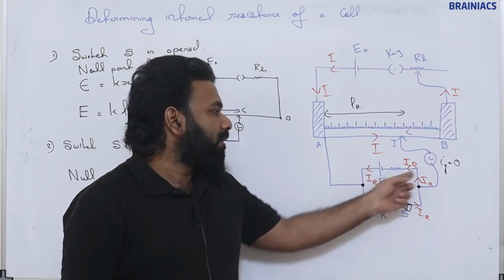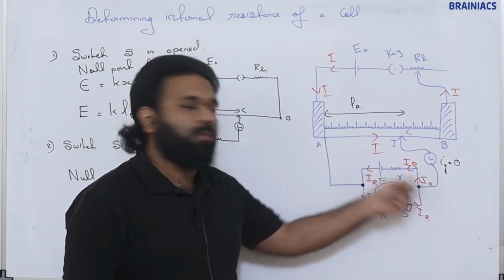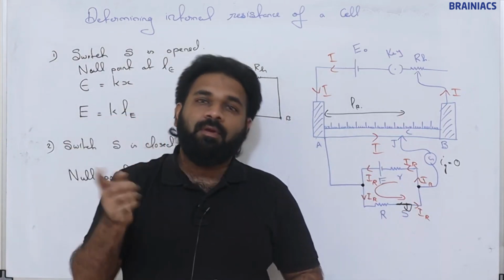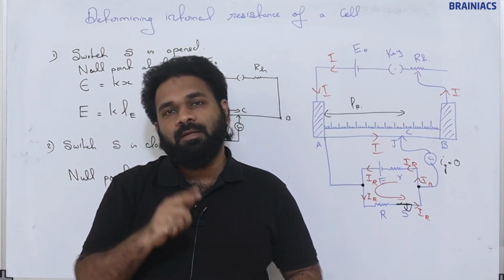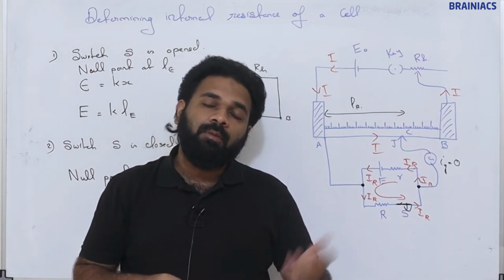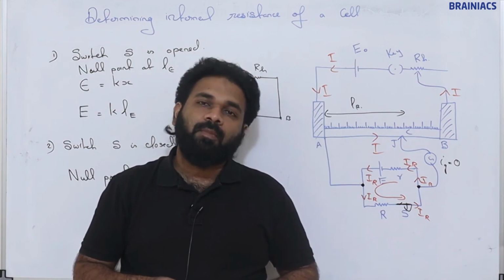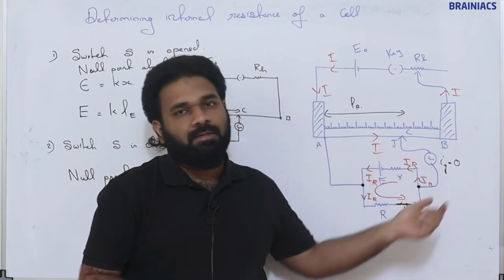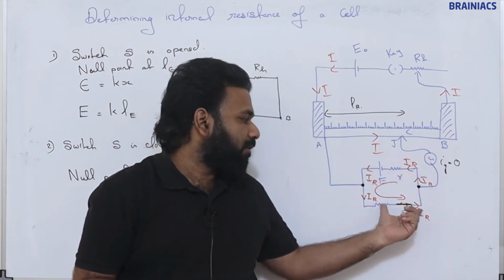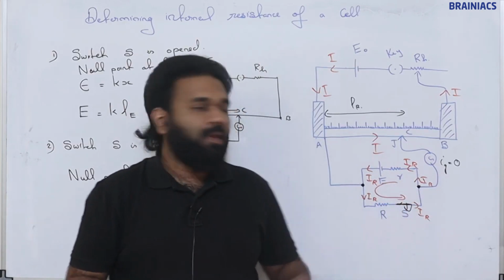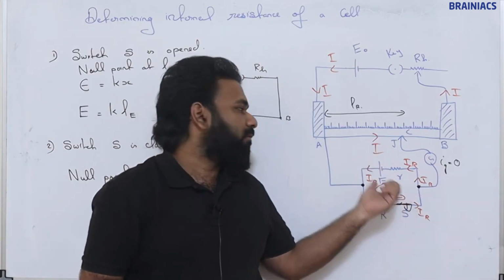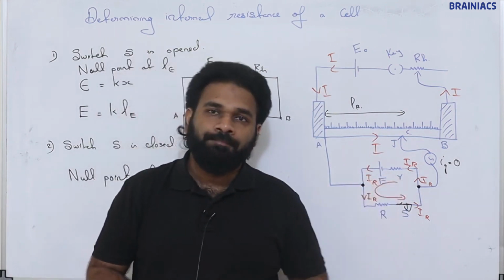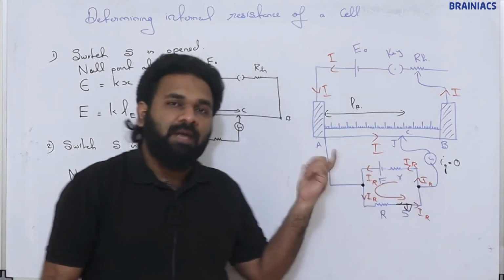We have studied this while we study about cells. When current is flowing, the terminal potential difference will be same as the potential difference across the external resistance. When current is not flowing, terminal potential difference is same as E. When current is not flowing means open circuit. All these things we have seen. If you have doubt, you must watch that video again.